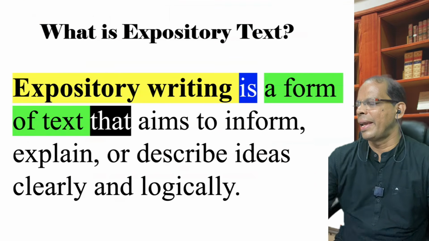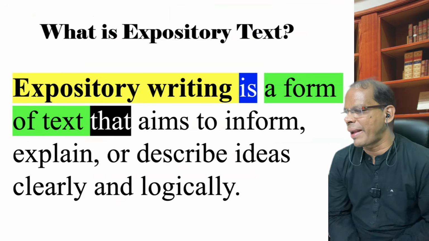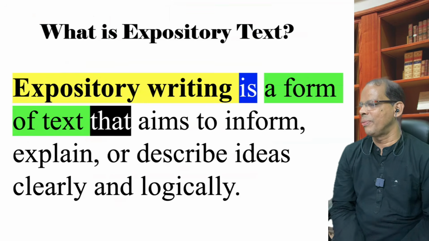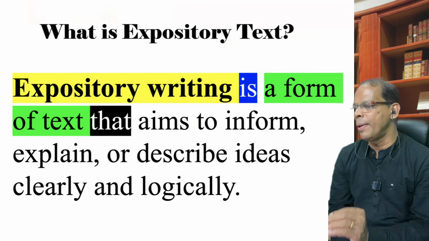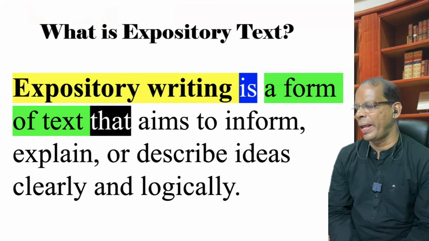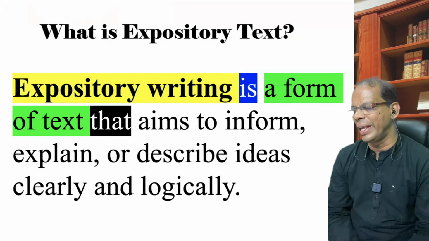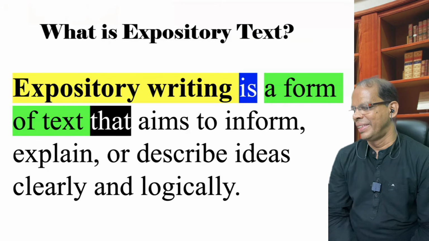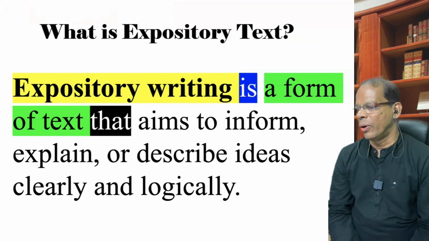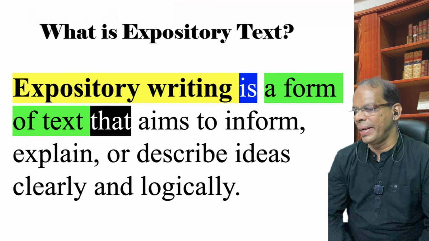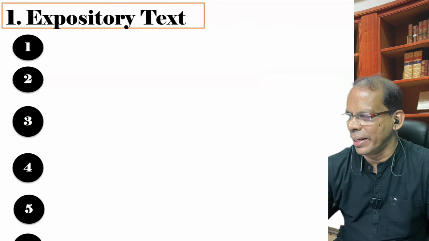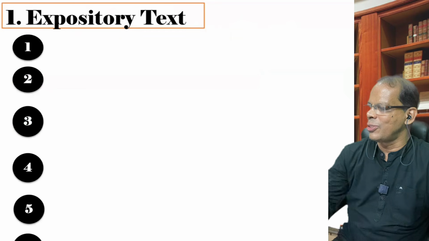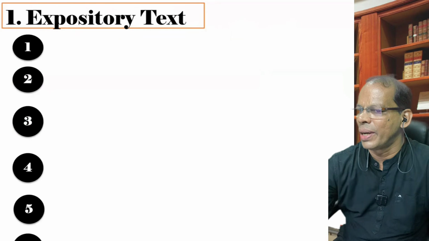Now, what is an expository text? Expository writing, or a text or a paragraph, is a form of text that aims to inform, explain, or describe ideas clearly and logically. You should know that sequence, the logic. Then it's very easy to find out the answer.